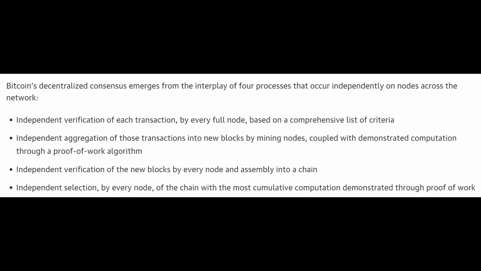So very, very difficult to generate a new block, easy to verify if that block is robust and the transactions within it. And that's, again, part of the incentives built into the protocol.